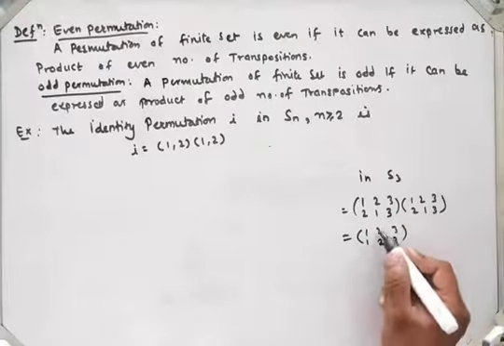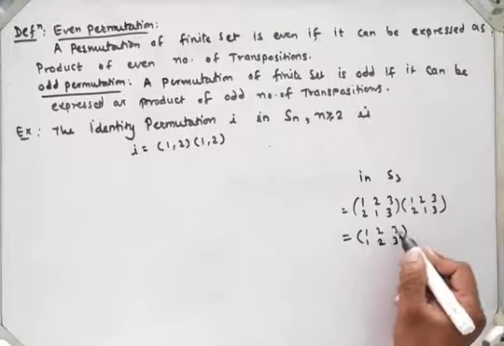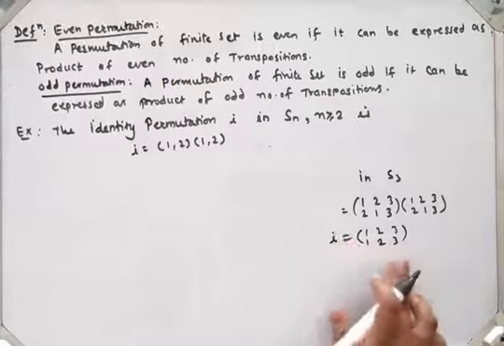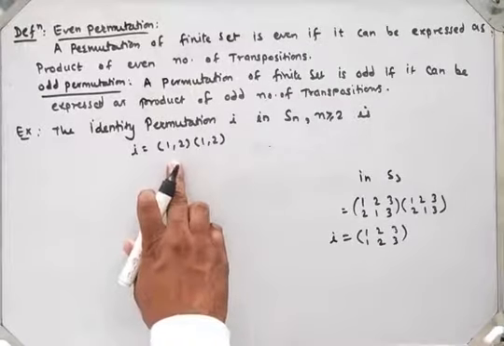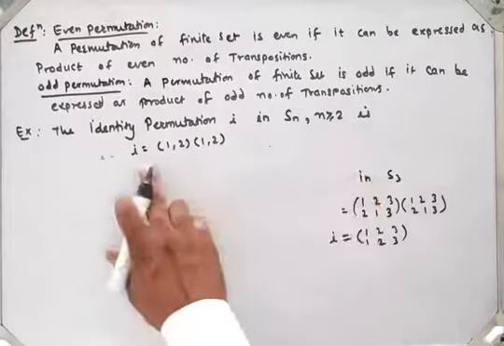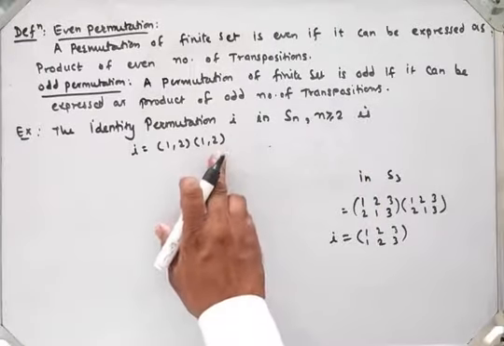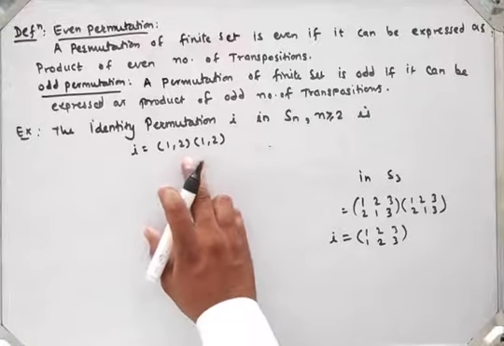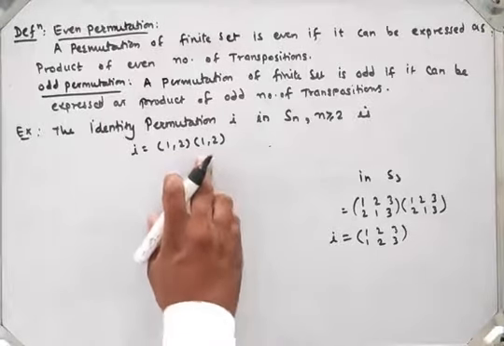So 1 goes to 1, 2 goes to 2, 3 goes to 3. This is the identity permutation. So every identity permutation for n greater than or equal to 2 can be written as (1 2)(1 2), a product of two transpositions. Two is even, so this is an even permutation.